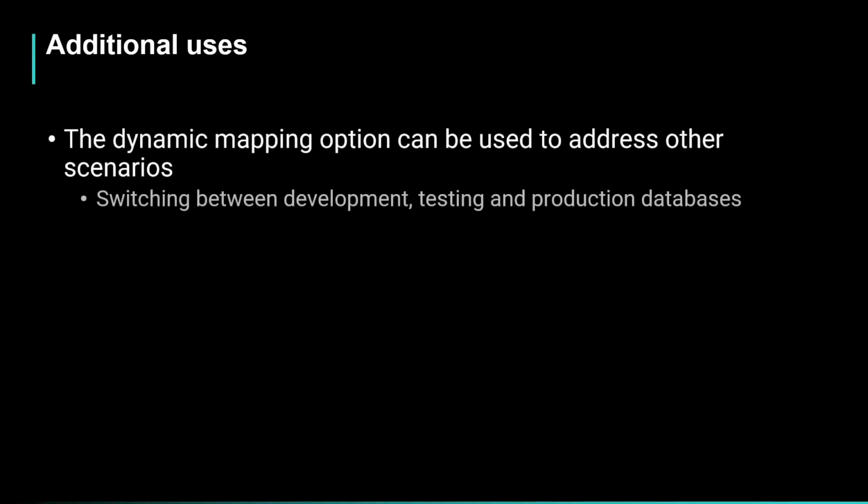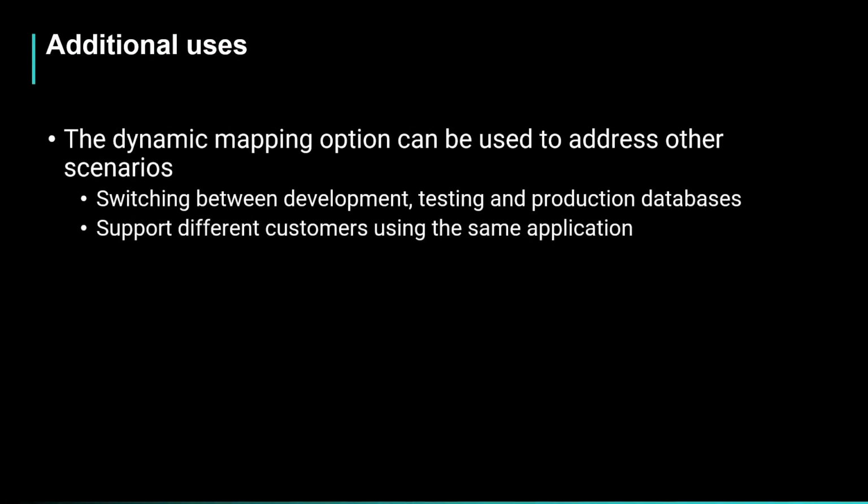I mentioned some additional uses that you might have for dynamic mapping. One of those is if you have development, test, and production databases, and you want to switch between them rather easily. One way you can do that is by creating development, test, and production caches in the configuration, and then using the dbparm setting to switch between them.